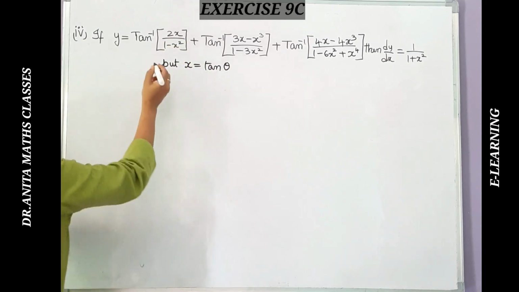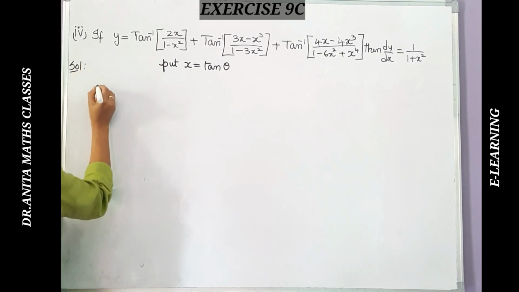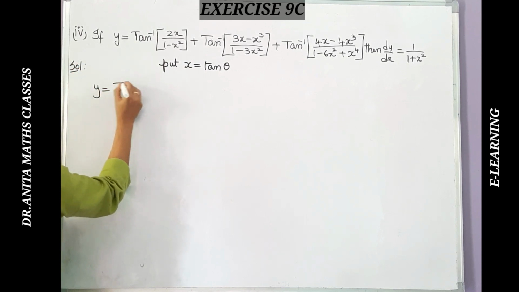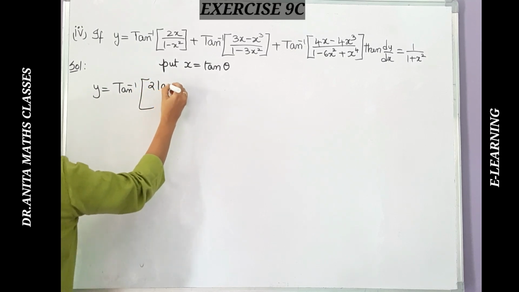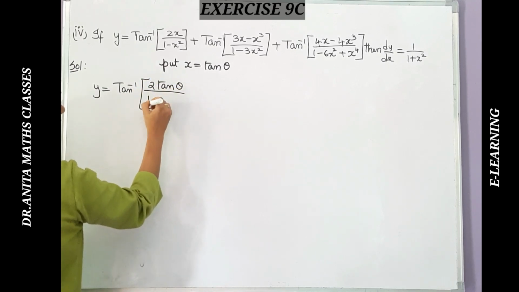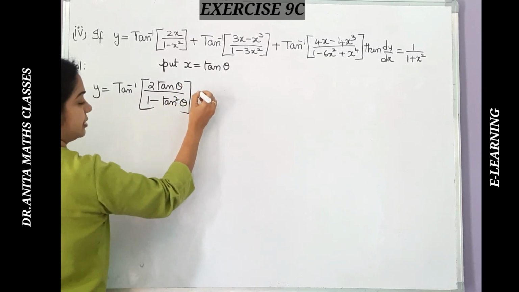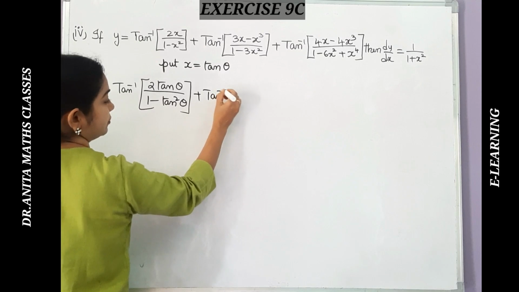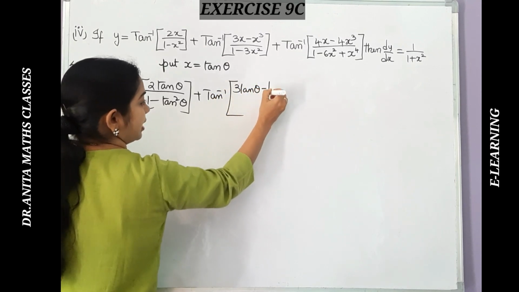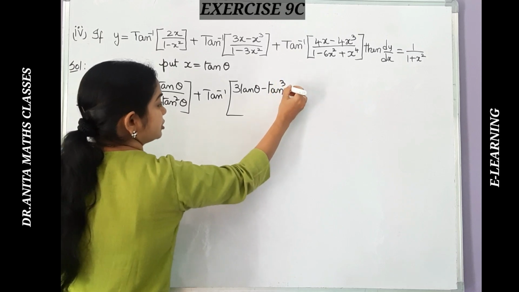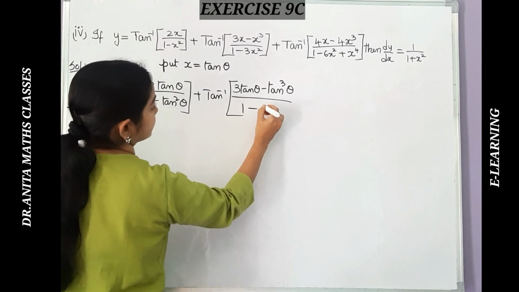So here it will be reduced to y equal to tan inverse of 2 tan theta by 1 minus tan square theta plus tan inverse of 3 tan theta minus tan cube theta. I am substituting tan theta in place of x.